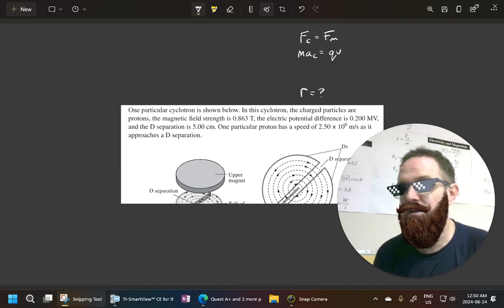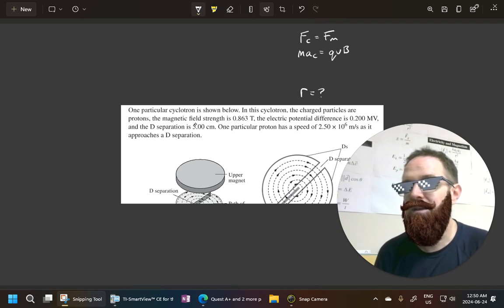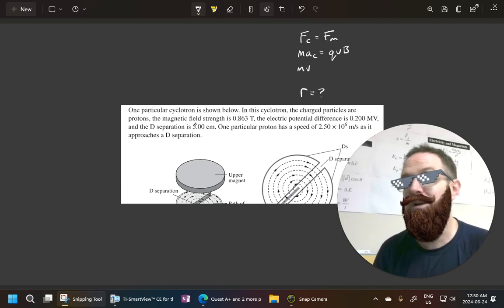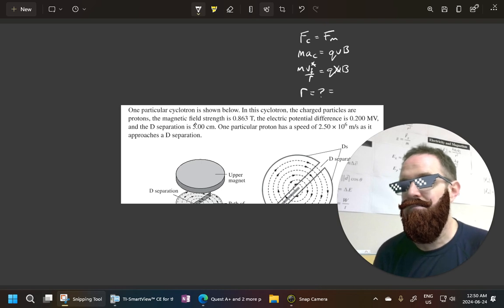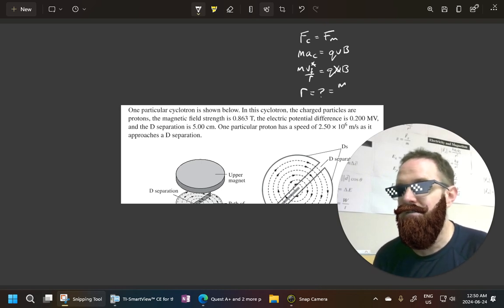You got QVB equal to m times v squared over r, where v is going to be my final speed. I can cross off one of these here, and now I can solve for r. So I can times up the r and divide down the q and the b.